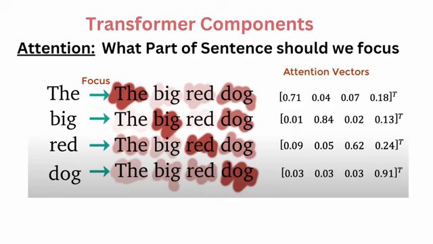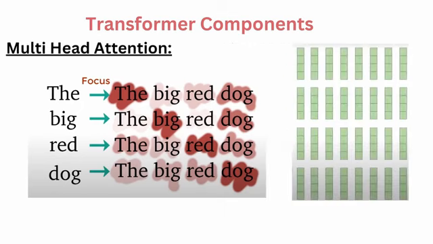So we have multi-head attention. Why? Because instead of calculating self attention once, multi-head attention computes it multiple times in parallel, each time with a different learned linear projection of the queries, keys, and values. Why do we do that? Each attention head captures different relations between words. One head might focus on short range dependency like adjacent words, while another might capture long range dependency like a subject and its corresponding verb further in the sentence.